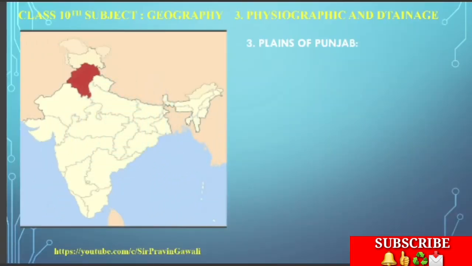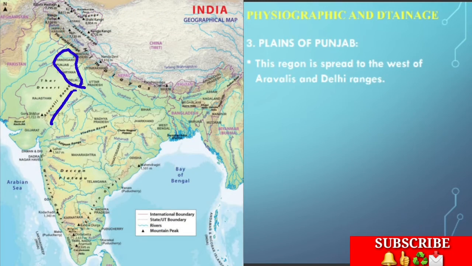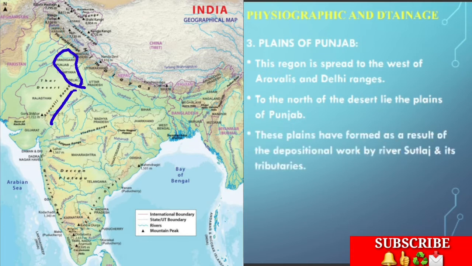One more important plain of this northern Indian plains, that is the plains of Punjab. This region is spread to the west of Aravallis and Delhi ranges. To the north of the desert lie the plains of Punjab. These plains have formed as a result of the depositional work by river Satluj and its tributaries.